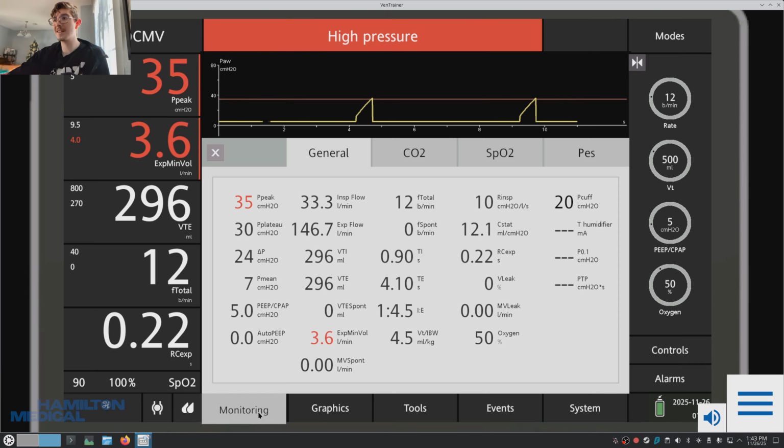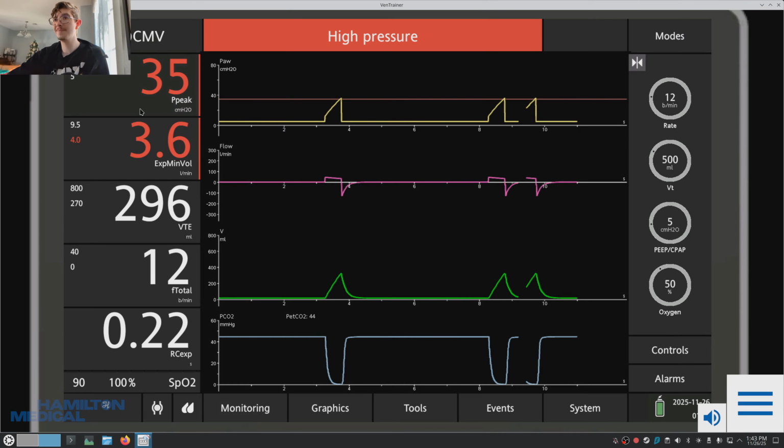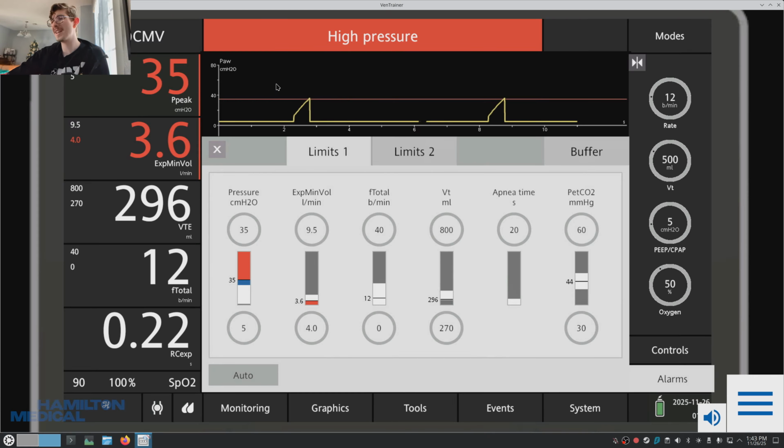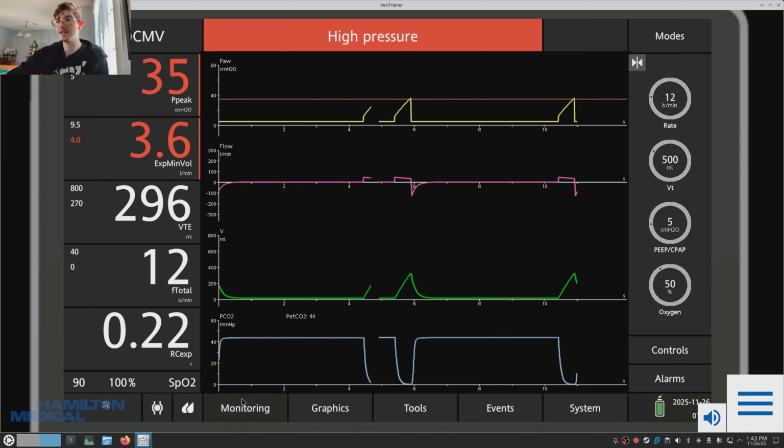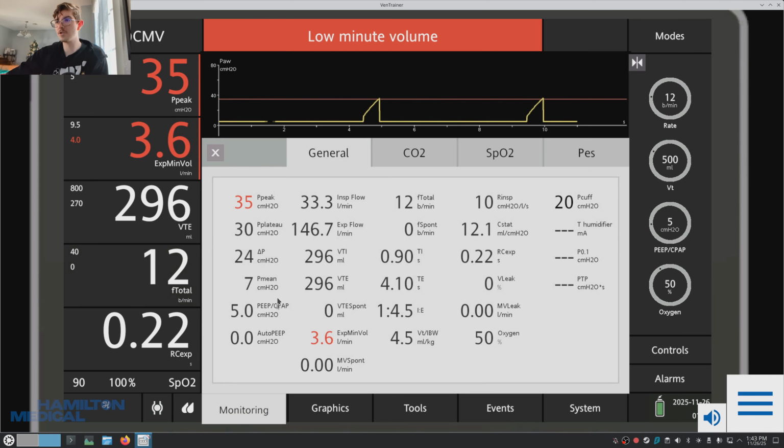Is this less lung protective than PRVC? I mean, I guess if you don't pay attention to peak pressure alarms, I guess it kind of is. But is the ventilator actually doing anything meaningfully different that is changing anything about driving pressure or static compliance? No, it is not. Once again, if we switch, look, 12.1 static.